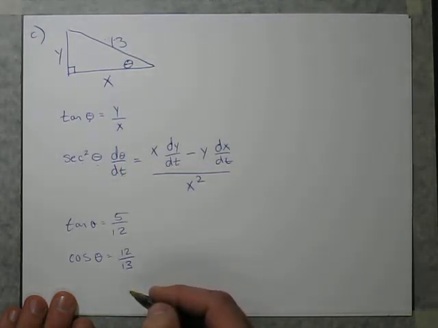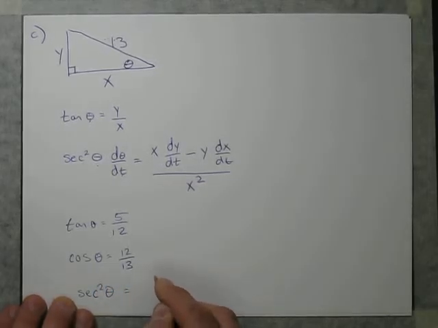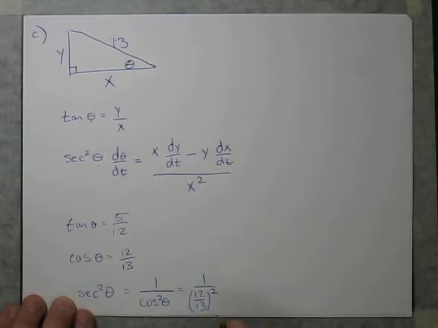Because secant squared theta is 1 over cosine squared theta. And cosine theta is 12 over 13, so 1 over (12 over 13) squared. Therefore, I get an exact value of 169 over 144.